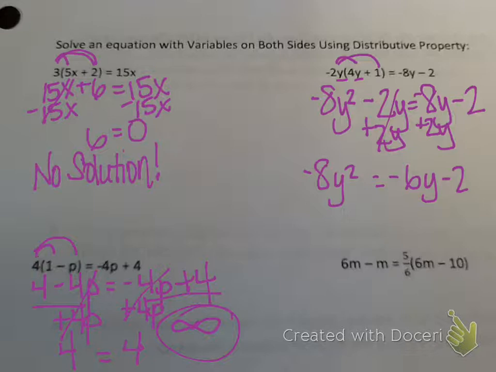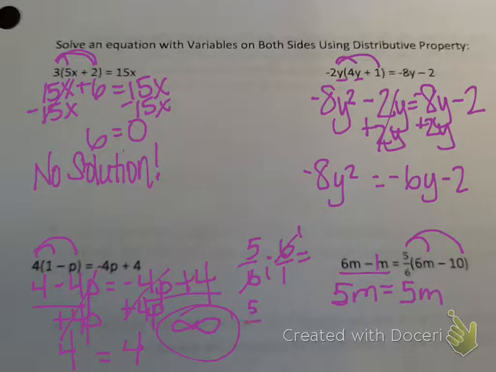And the last one, I have to distribute the fraction. But I can combine 6m minus m. That's a minus 1m, so I would have 5m. And 5/6 times 6 would just be 5.